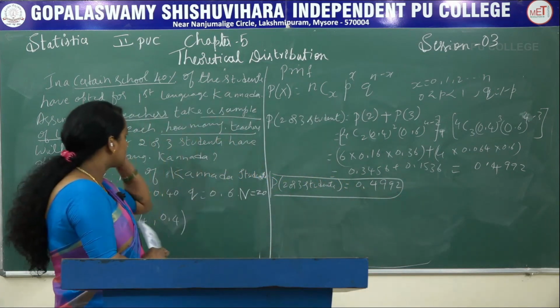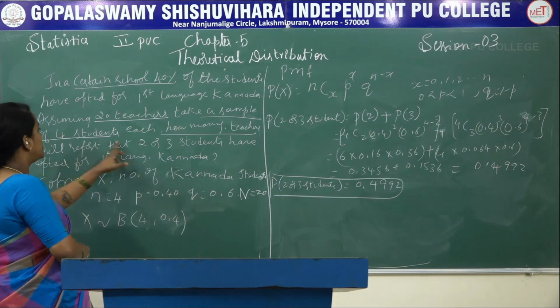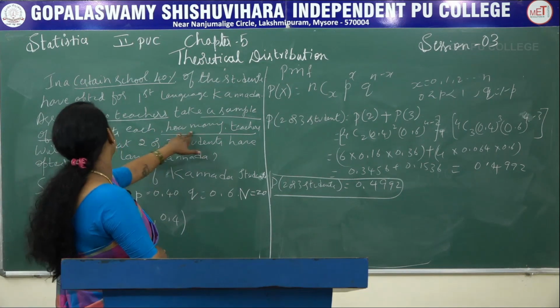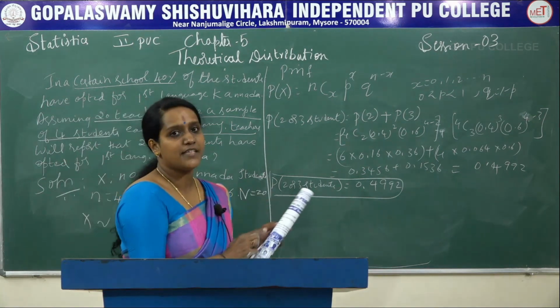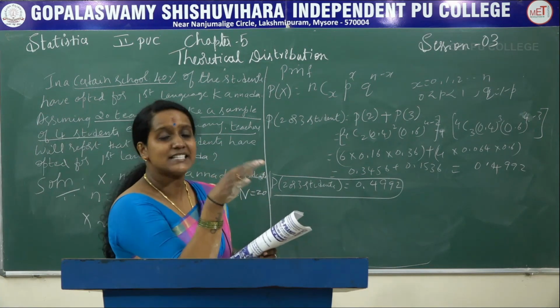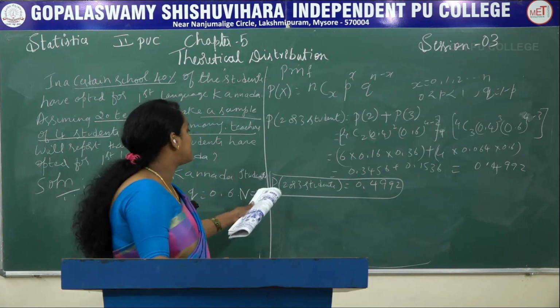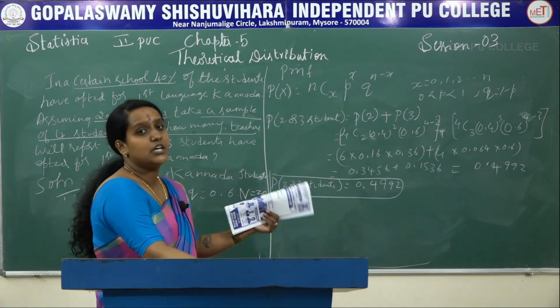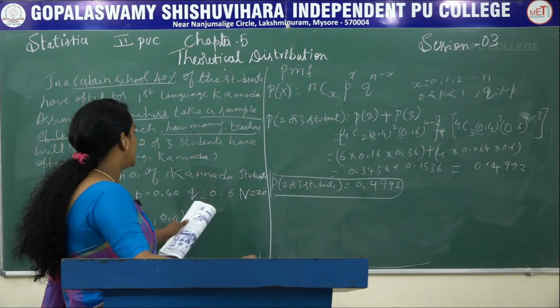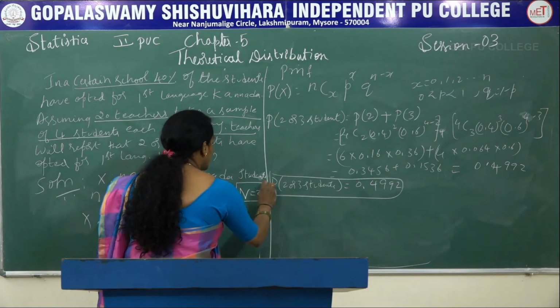Since they are asking not only the probability but how many teachers will report that, if they are asking about how many, that is numbers, we should multiply the obtained probability for 2 or 3 students with the N value. Here we know the N value, it is 20.